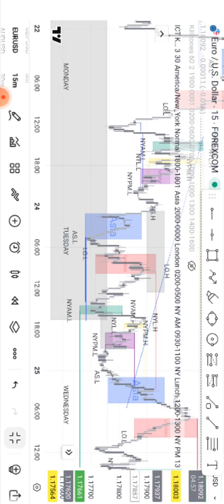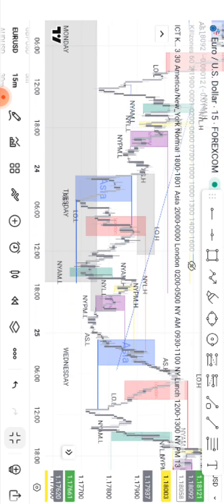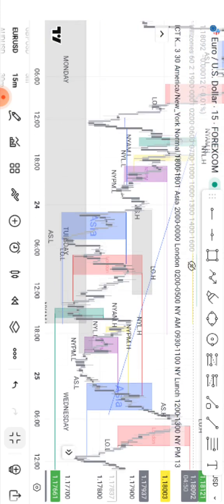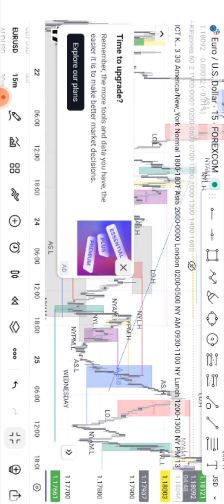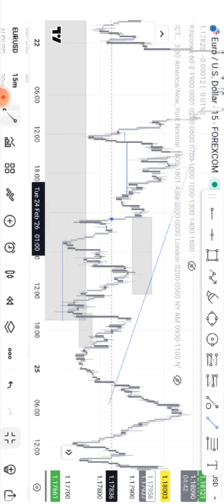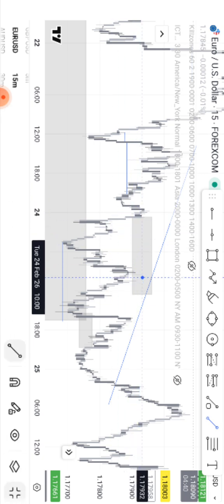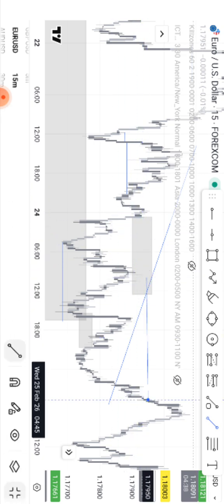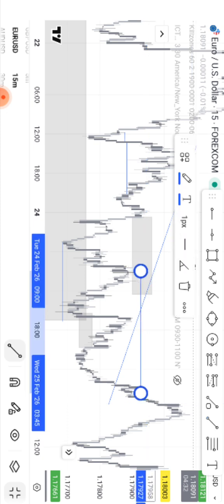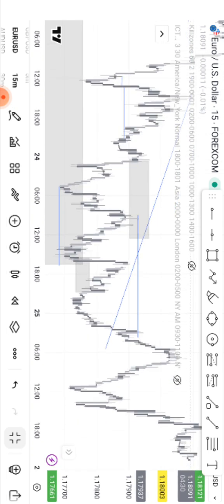I needed another change in state of delivery. But price kept on moving until it cleared this liquidity up here completely. This is what I used as my change in state of delivery on a smaller time frame.